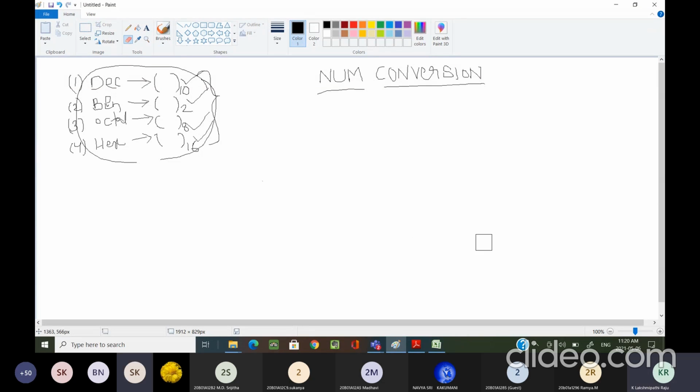I already told you, you have to mention the base clearly. Please take a smaller number. Why? Because of space constraint. In your notebook you can take any number, but here, because of space constraint, please tell me a smaller number.